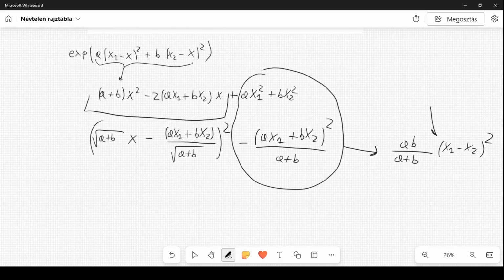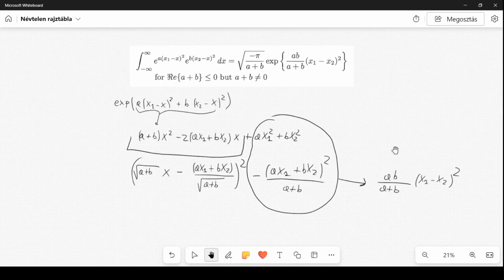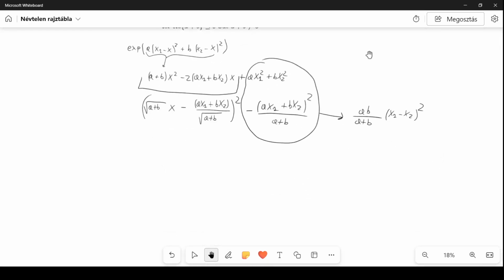You can see that this term does not contain x. So we can factor that exponential out of the integral. Remember where we started. We started from this. So we have the integral of this from minus infinity to plus infinity. This means that we have the exponential of this term.